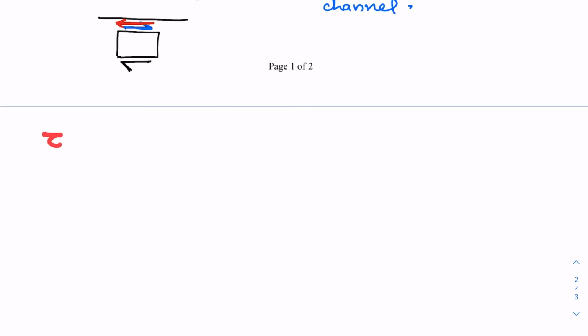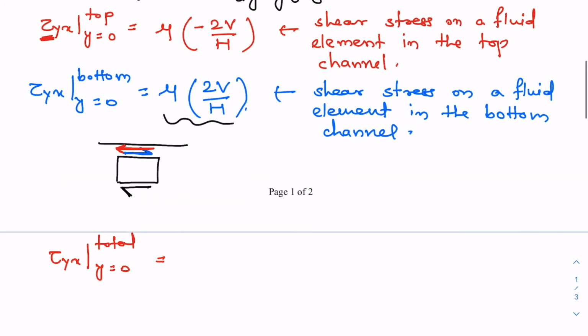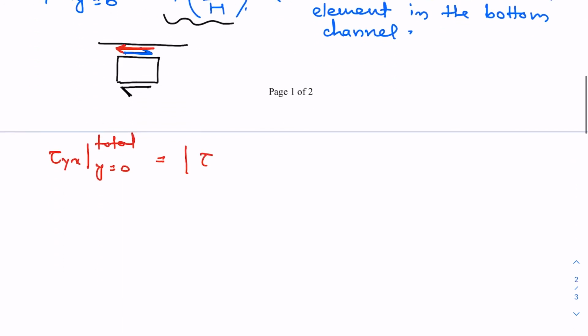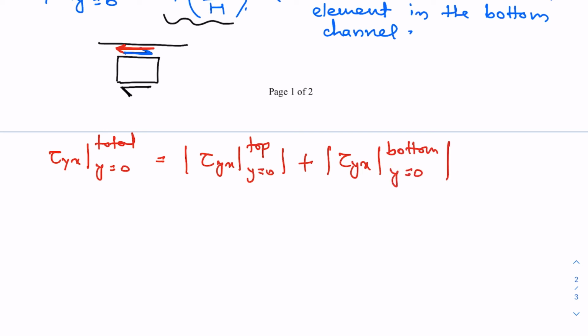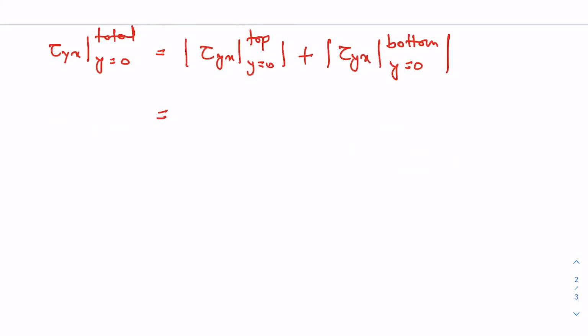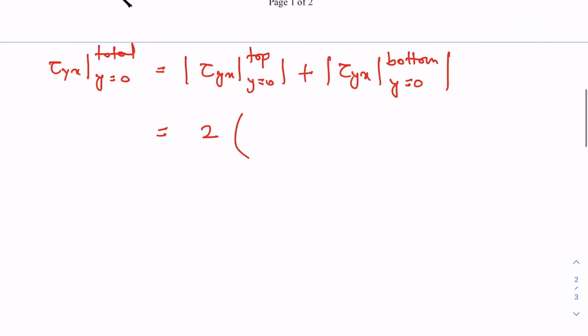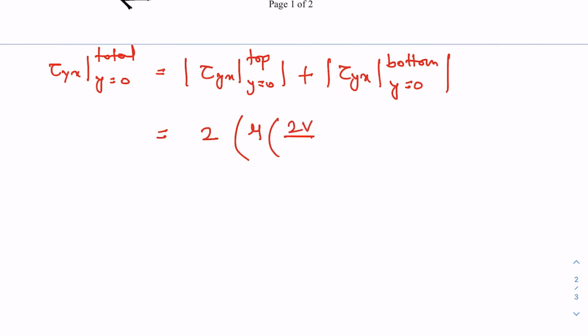So tau yx total at y equal to 0 is basically the sum of magnitude of these two, tau yx top at y equal to 0 plus tau yx bottom at y equal to 0, which is equal to 2 times mu into 2 times v by h.